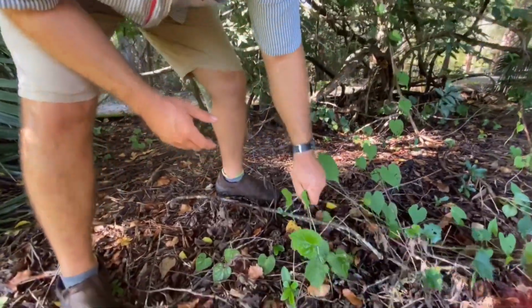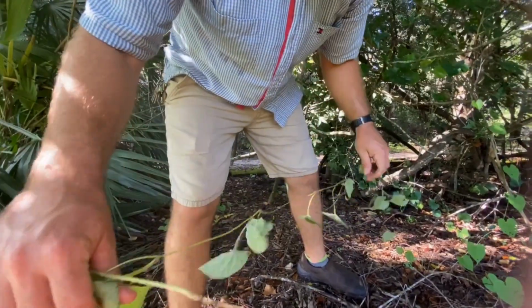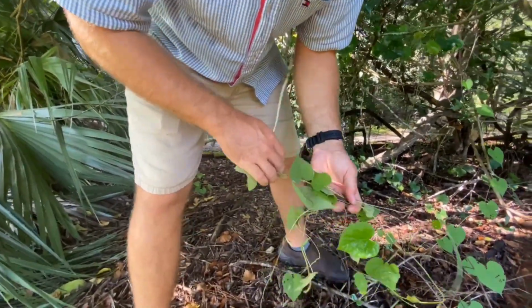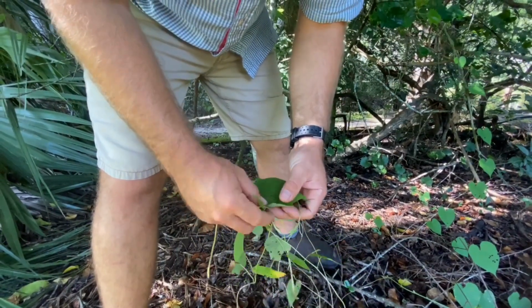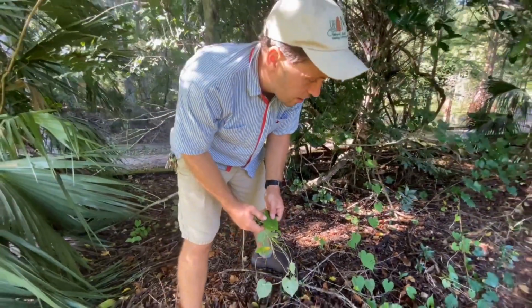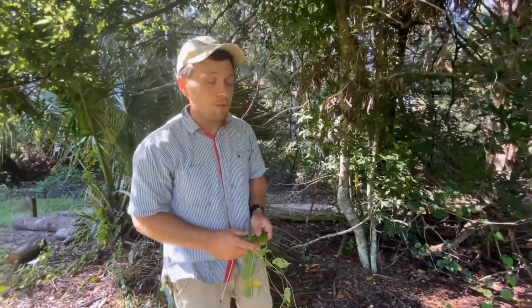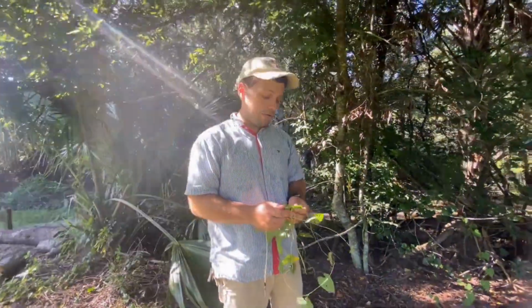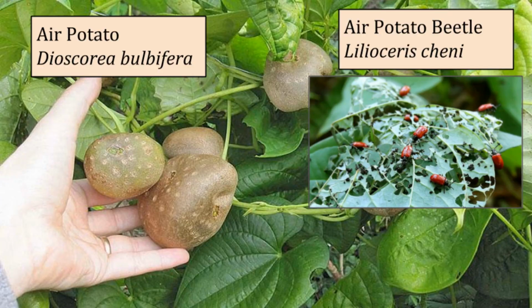So something that's interesting about air potato is that it wasn't too long ago where, and some of you may have heard about this before, but we've had a biological control come into play in managing this species, and that has really helped us a lot here at Natural Areas Teaching Laboratory, where we have been able to get some of these beetles that eat this particular species, and it doesn't harm any of our other natural communities.